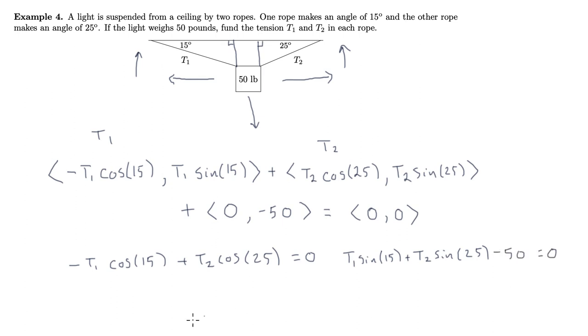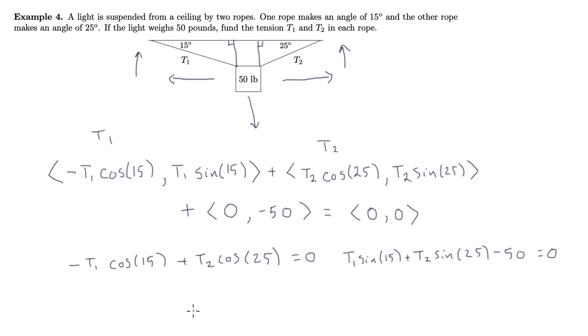And this, again, is just a system of two equations, two unknowns. I actually just put this in my calculator. I mean, another way to do it is just to use substitution. So solve for, say, T2, and then substitute in for T2, or you can just set up a matrix. However you want to do it, it's just some algebra review.